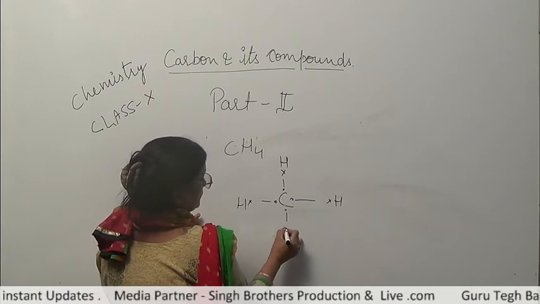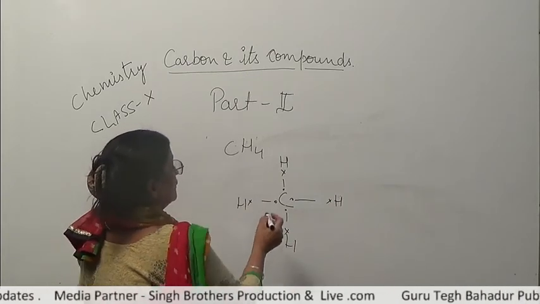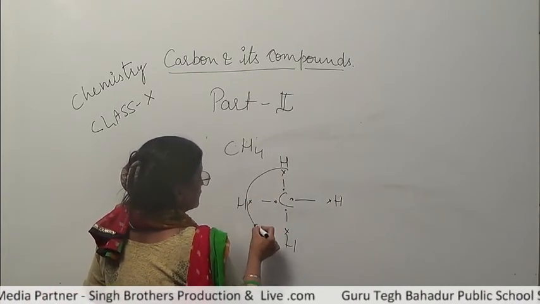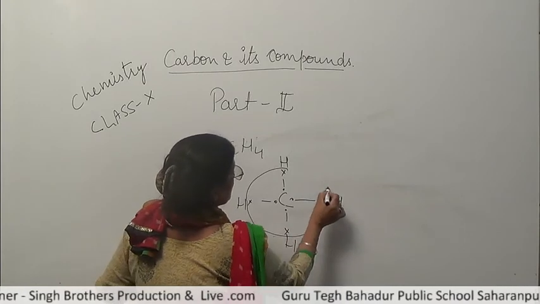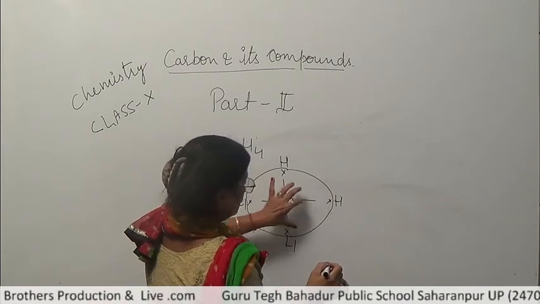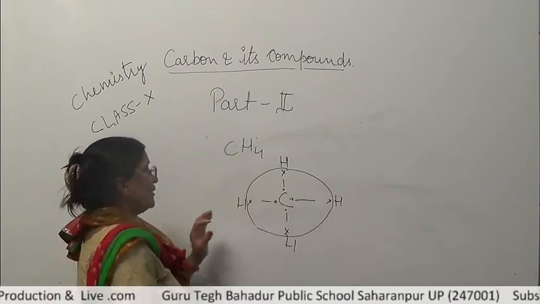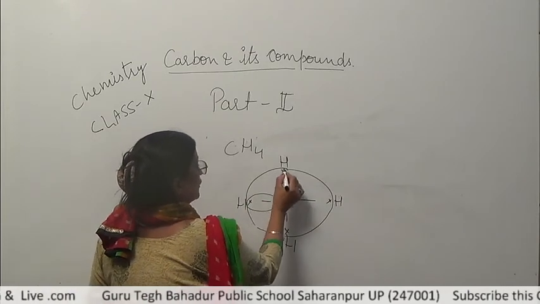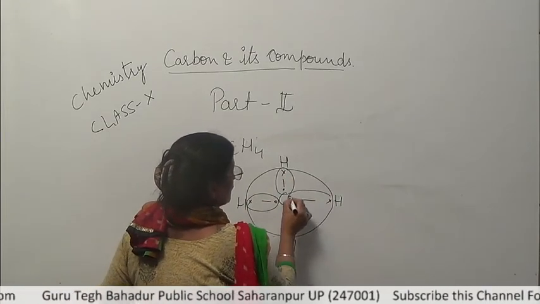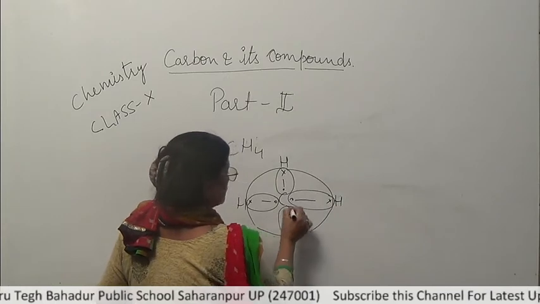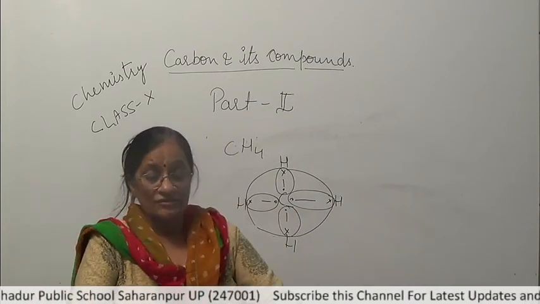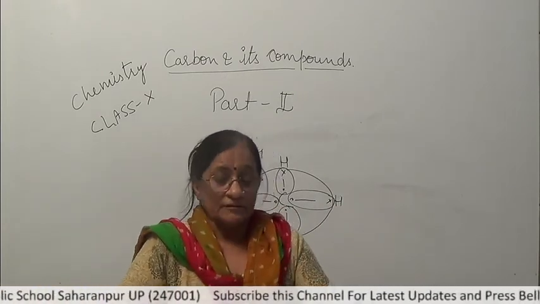In this case, carbon has 8 electrons around it and hydrogen has 2 electrons. So this is the case of methane.